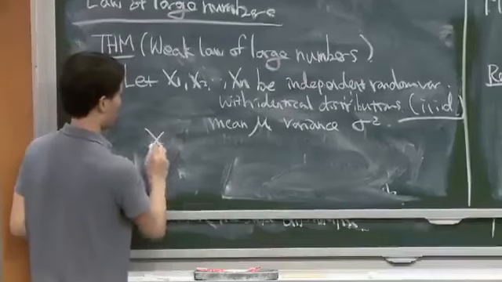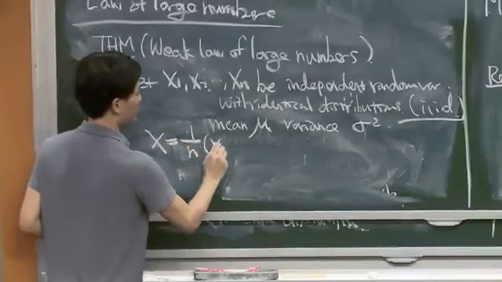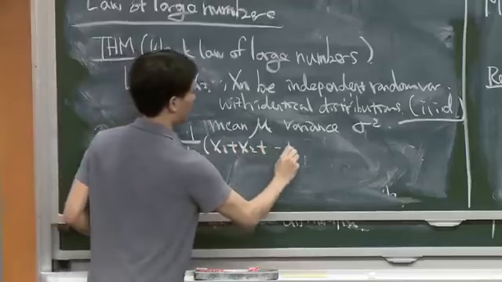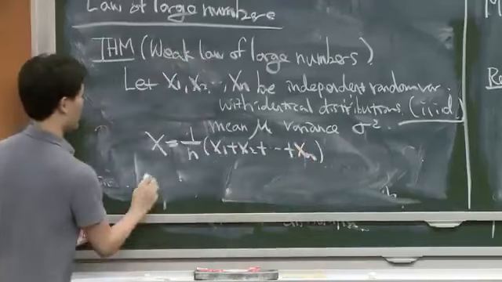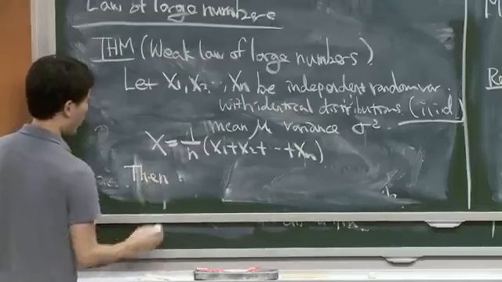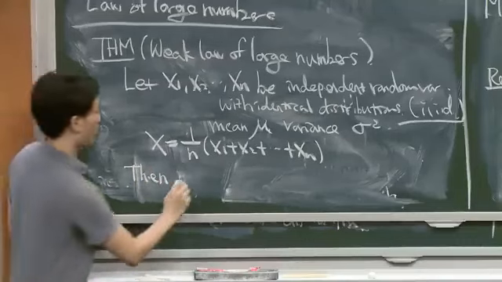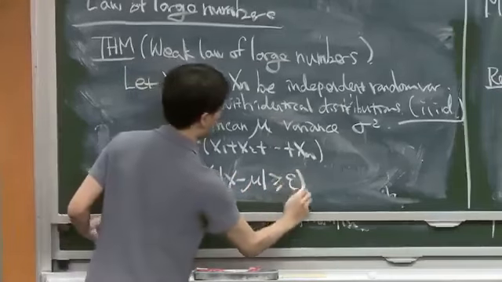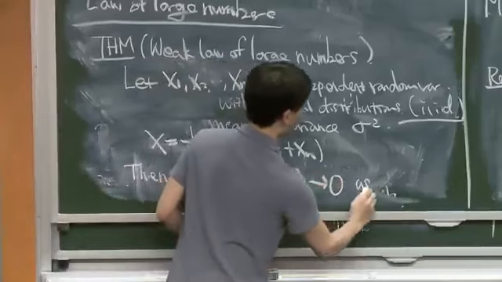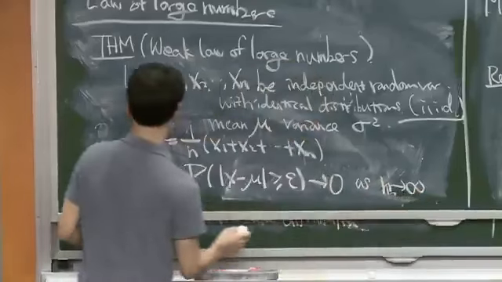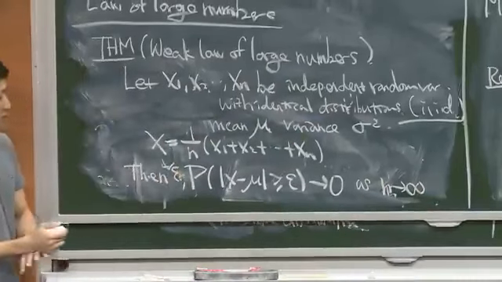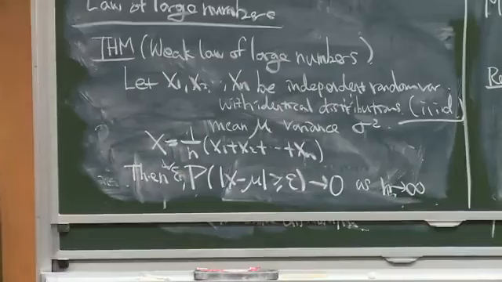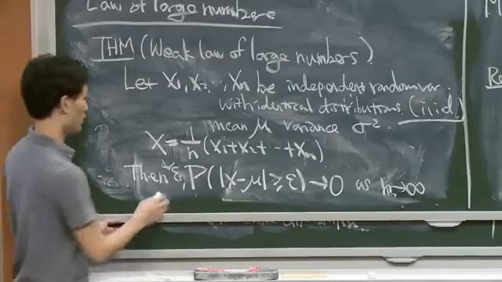Let us also define x as the average of n random variables. Then the probability that x is far from the mean goes to zero, for all positive epsilon.